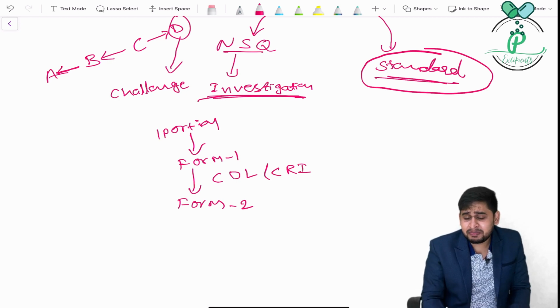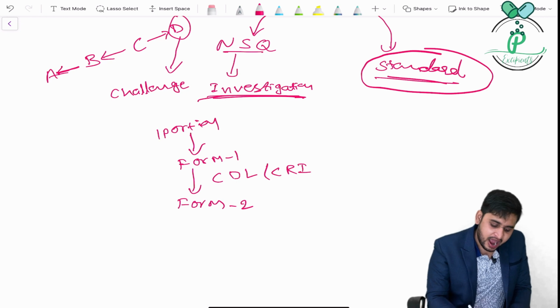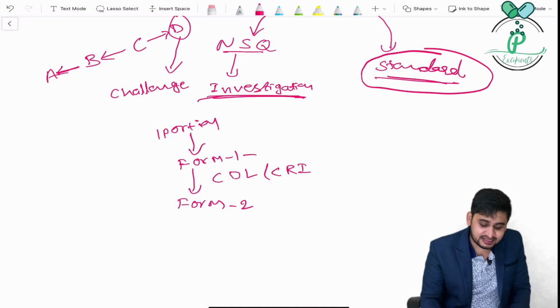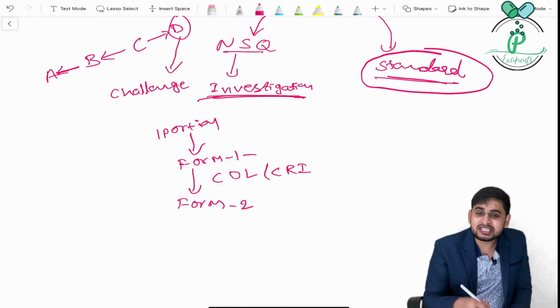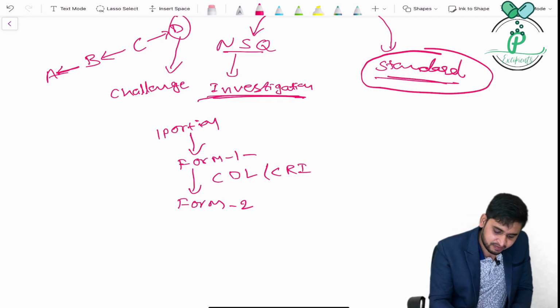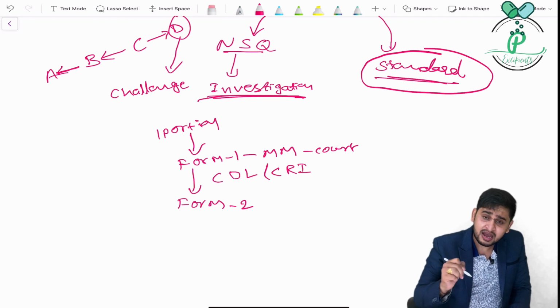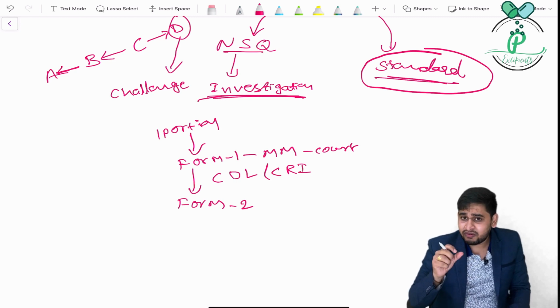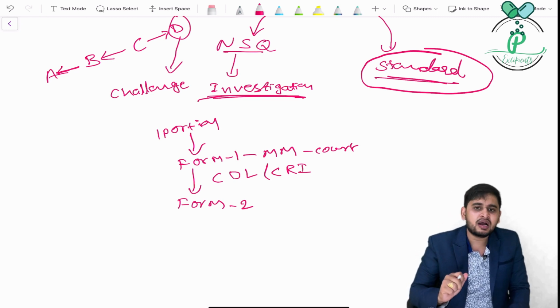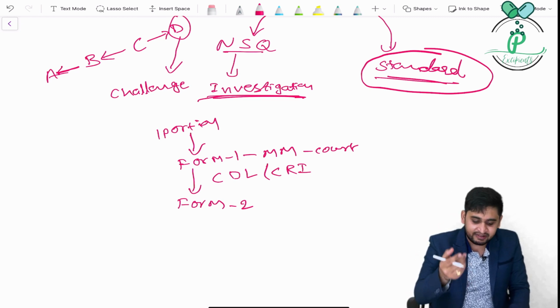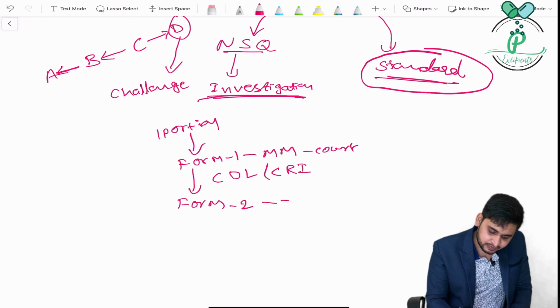The test report will be reported on Form 2, and this Form 1 along with the sealed sample portion will be sent through the magistrate or metropolitan magistrate court, with the seal and sign of the magistrate. This one portion along with Form 1 will be sent to CDL or CRI, and they will report the testing report.